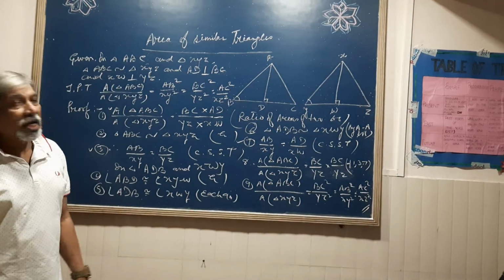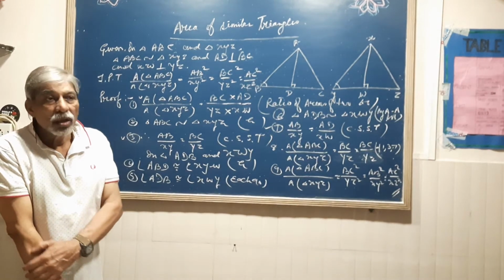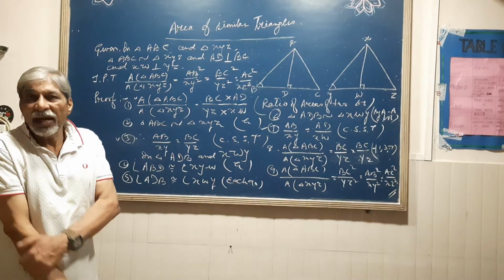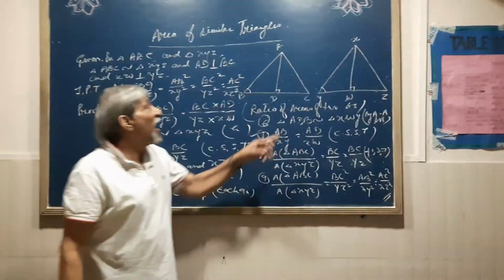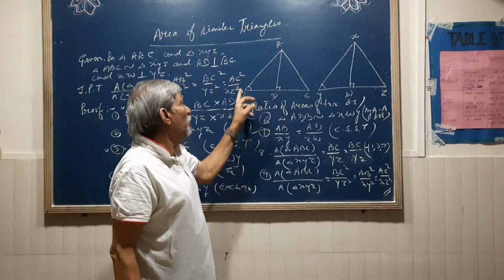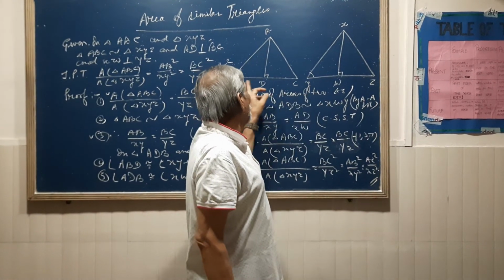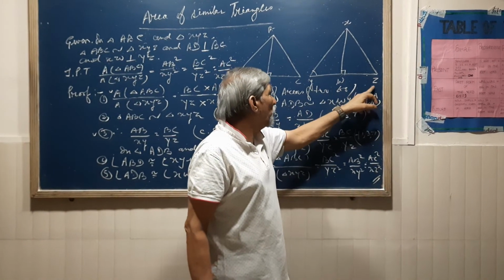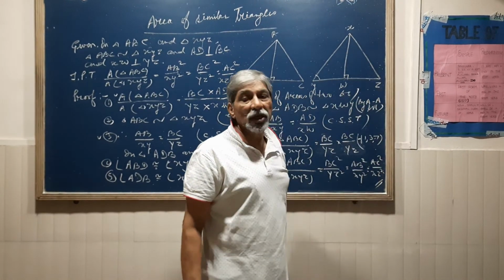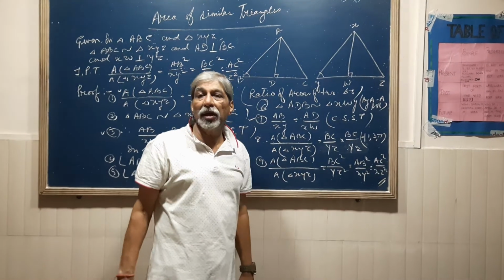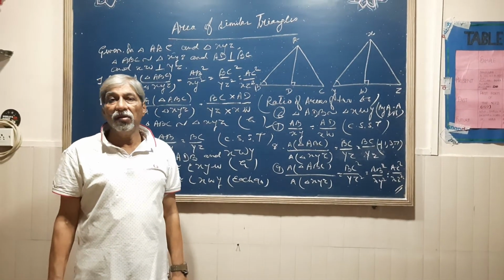We can just recap: when the two triangles are similar, the ratio of their corresponding sides squared, AB square upon XY square is equal to BC square upon YZ square is equal to AC square upon XZ square, is equal to area of triangle ABC upon area of triangle XYZ.